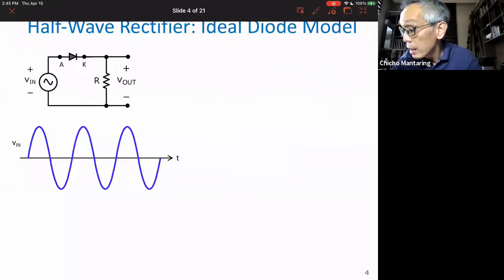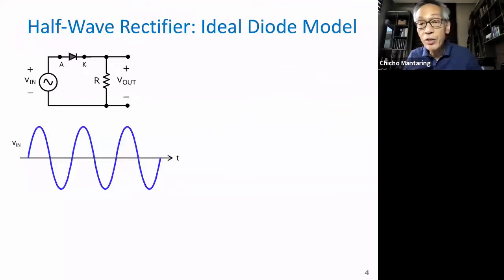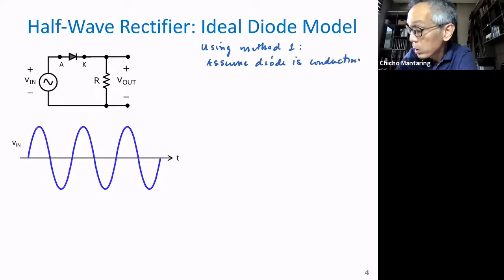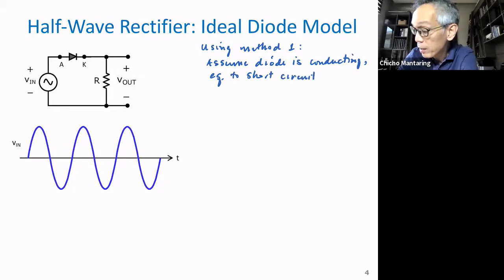Well, gamitin natin yung method 1. No? So using method 1, I assume that the diode is conducting. Therefore, it is equivalent to a short. No? Equivalent to a short circuit. Bakit siya short circuit?